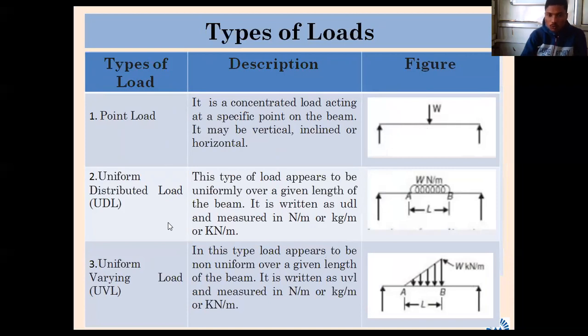UDL means uniformly distributed over the length, whatever load is applied, it is uniform. Then uniformly varying load. Uniformly varying load means the load is going to change. That's why it is called uniformly varying load.